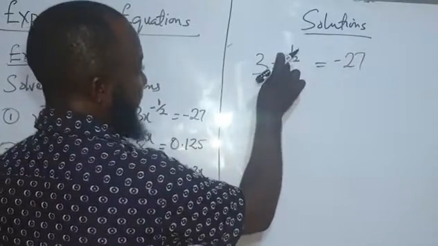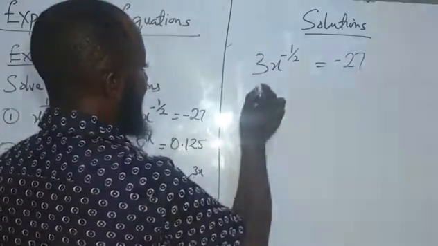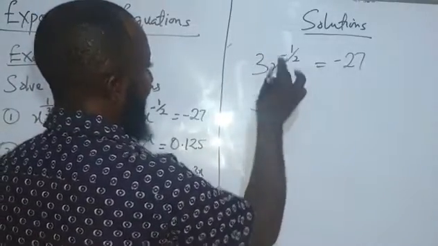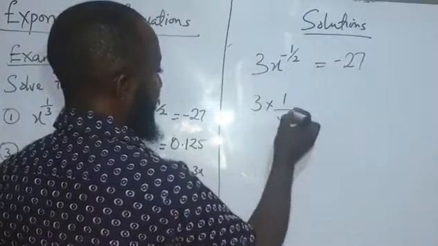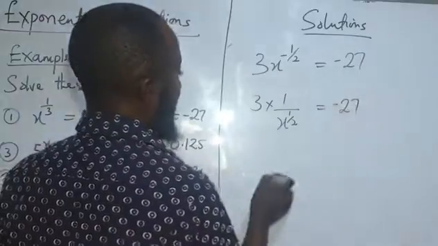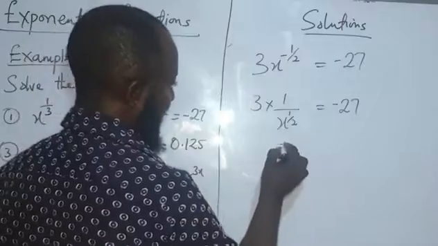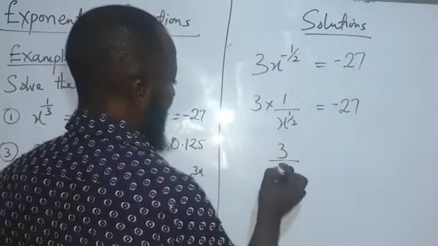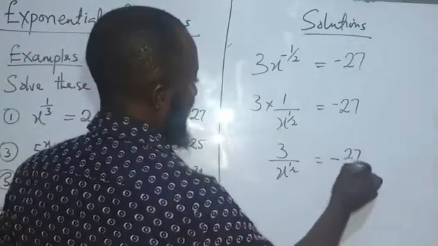Another thing is that we have a negative power here, so we can decide to remove the negative first. So this 3 multiplied by this, we change to 1 all over x raised to half, which will be equal to minus 27. So we can rewrite this to be 3 divided by x raised to half equals minus 27 over 1.